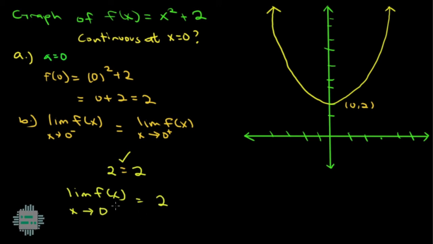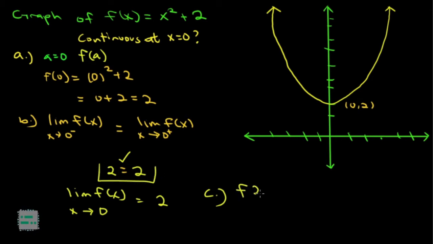Can we now say na continuous ang function na ito, itong x squared plus 2, at x equals 0? Yun yung huli nating tinitingnan, hindi ba? Bukod sa nag-i-exist yung f of a at yung limit, dapat equal sila.